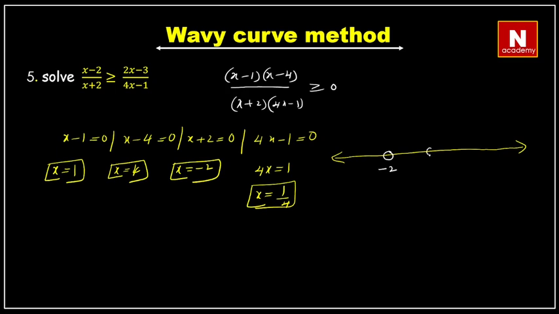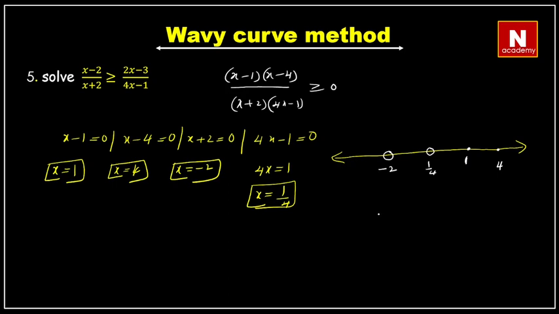This also is excluded because if you take it equal to 0, the denominator will be 0. Something by 0 will be undefined. That's why both minus 2 and 1 by 4 are excluded. And the remaining x equal to 1, x equal to 4 are included because these are in the numerator and equality is given also. That's why 1 and 4 are included.